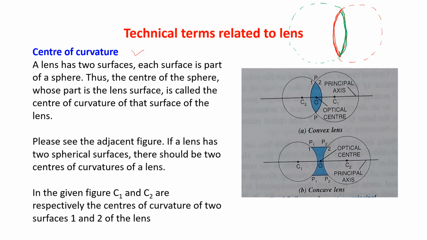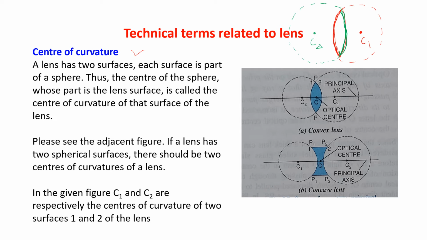Now this red sphere has a center. This is the center. Suppose this center is C1. And the green sphere also has a center. Suppose this one, this is C2. So what is said is: the center of the sphere whose part is the lens surface.